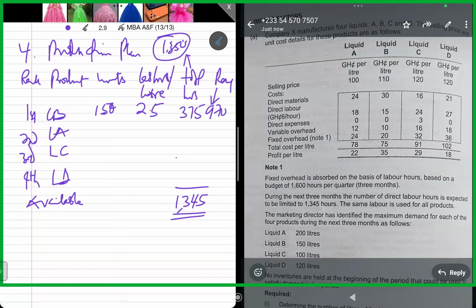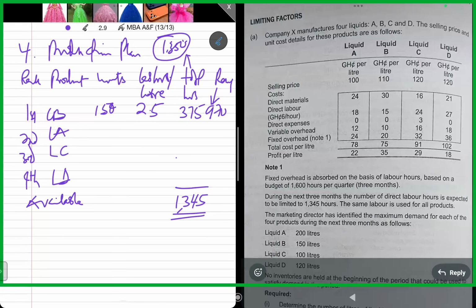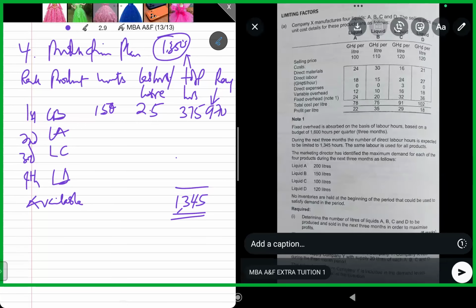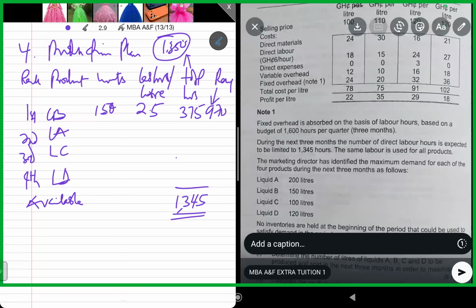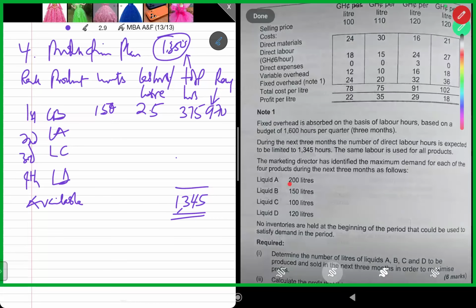Liquid A, how many hours? Hold on. So we can do a rough work here. Liquid A, how many liters are to be produced? 200. I'm doing a rough work here because I have only 970 left. So 200, how many from the step 1?